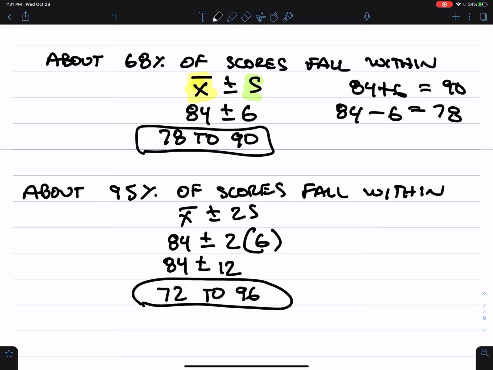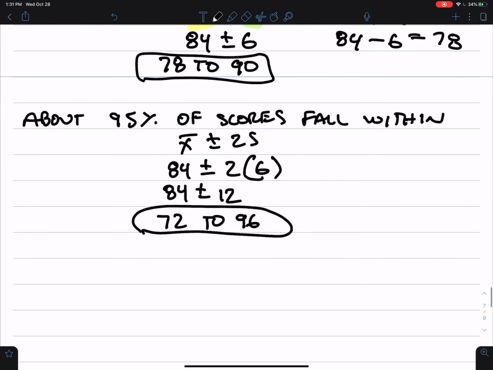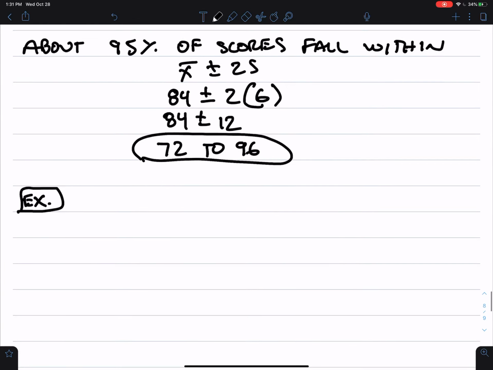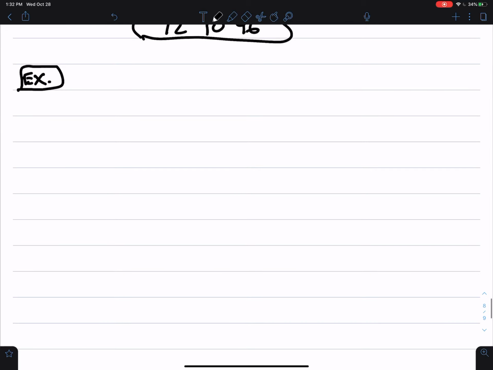A lot of things are bell-shaped distributions. Lots of them. The next example, for example, is nurses' salaries.